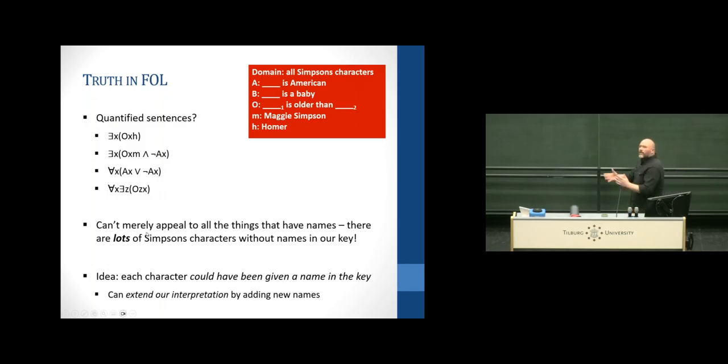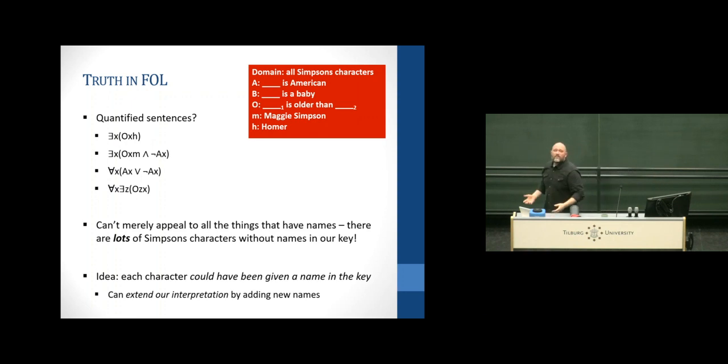But let's start really quickly, just before we dive into the mechanism, and think about the truth or falsity of these sentences using this interpretation. So take our first one, right? This sentence effectively tells us there's someone in the domain who's older than Homer. Can we think of any Simpsons characters that are going to be older than Homer? Lots, right?